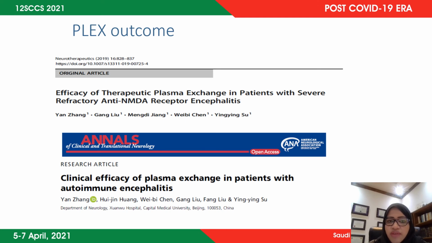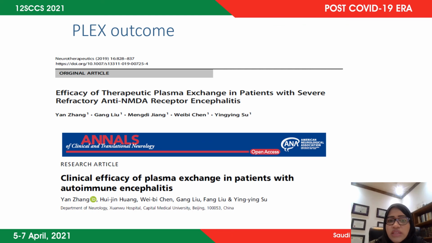Some patients received therapeutic plasma exchange, and the others did not, and they checked the outcome, the improvement in their clinical outcome after 1 month, 2 months, and then after 6 and 12 months.